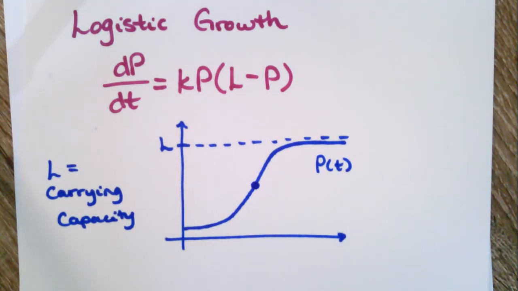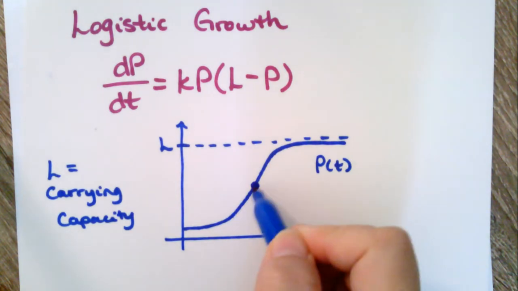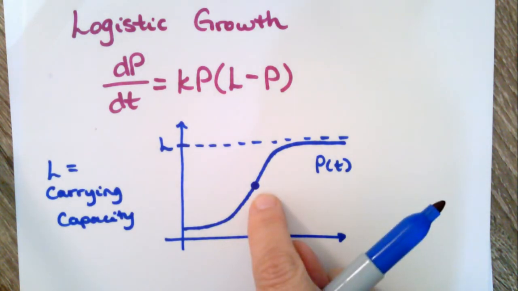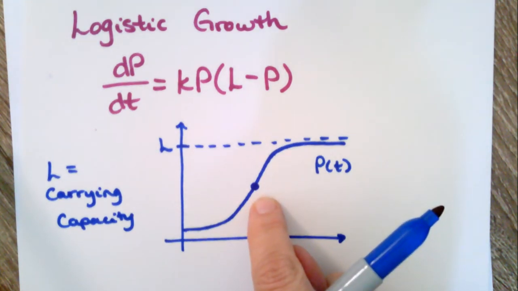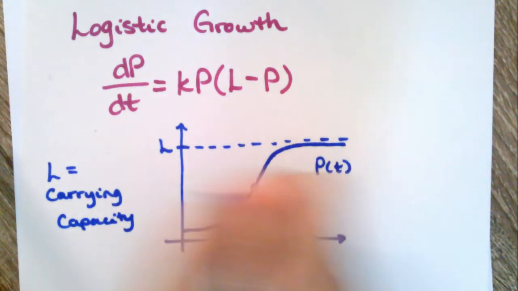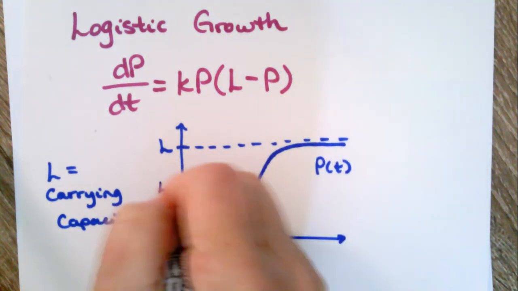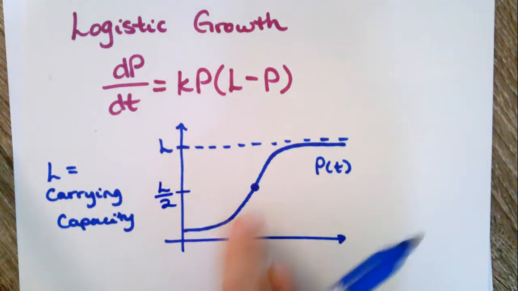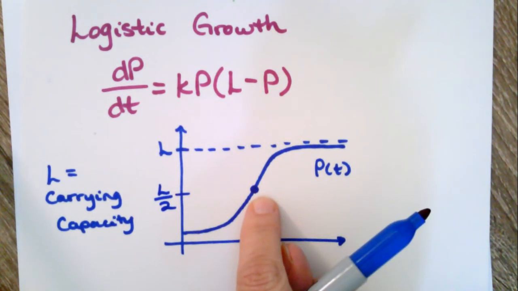Thinking about the capacity of the lake and when the population growth might start slowing down, it makes sense that it would start to slow once we reach that halfway point. Another thing we need to remember is that this inflection point is always going to happen at whatever the limit is divided by 2. Halfway to the limit, that's when our concavity changes.